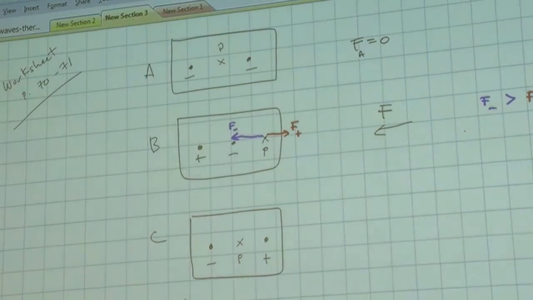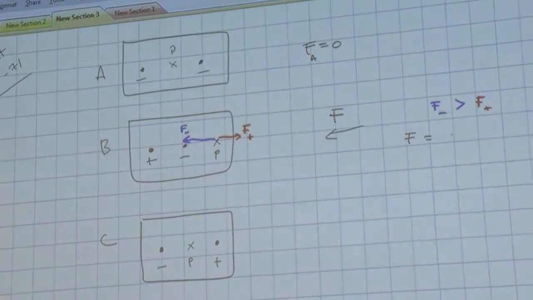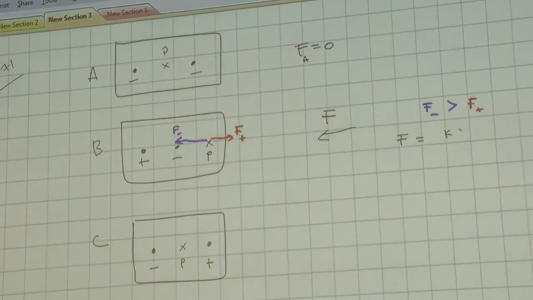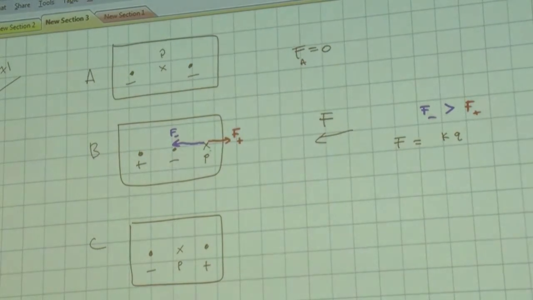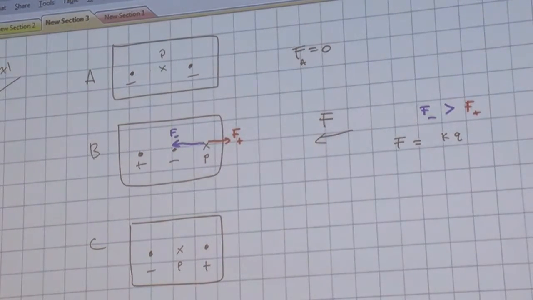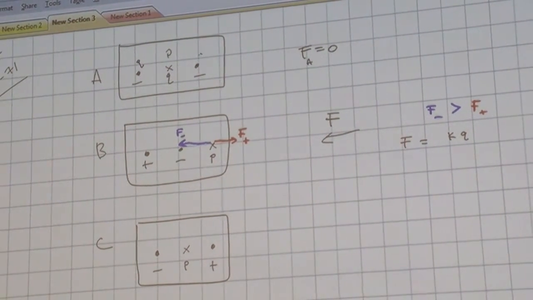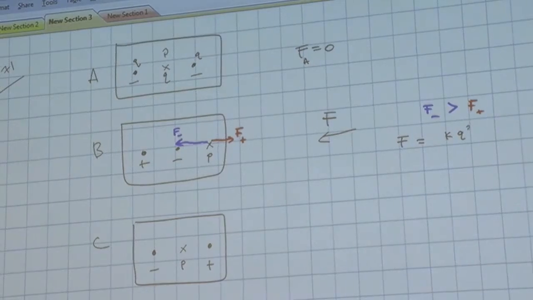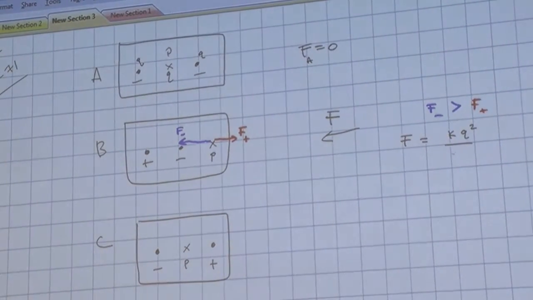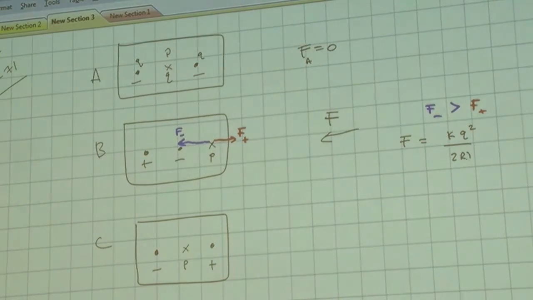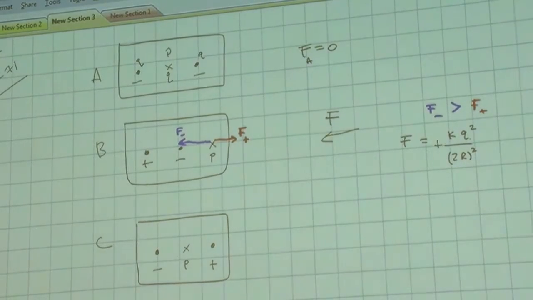Let's just figure it out. What is it? Let's say they're all charge Q. Q, Q, Q. So it's kQ squared over two R squared in the positive direction, right?